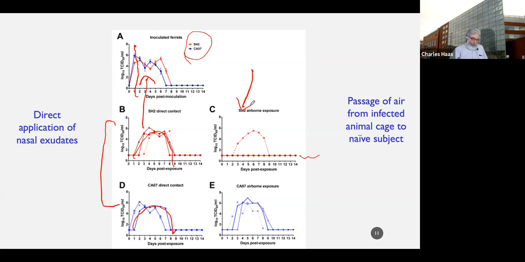And you see roughly after day 2, which is really day 1 plus 1 day, there's substantial occurrence of viruses measured by TCID in those second group of animals that were exposed to the aerosol. So this really is a strong indicator for this influenza virus of secondary contact by aerosols.